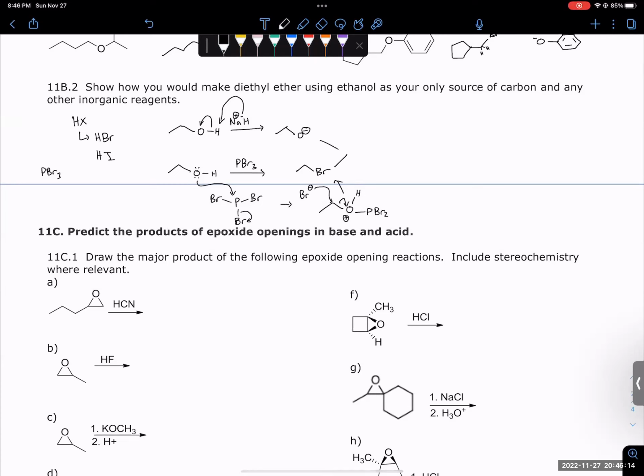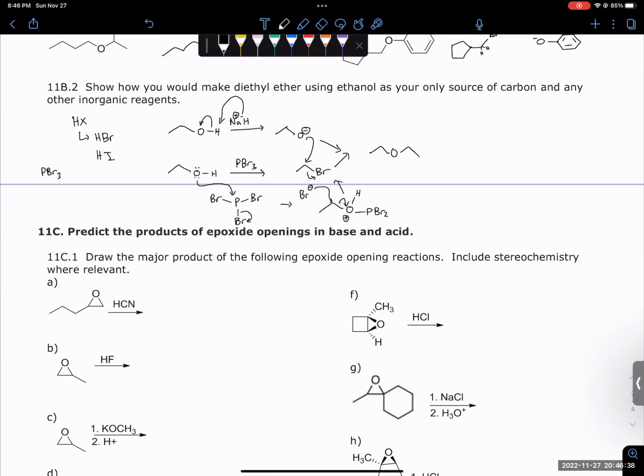All right, and now we're going to do a reaction between these two, and you would get your alkoxide attacking this primary carbon alkyl halide, and it would look something like this. All right, so then you get diethyl ether.